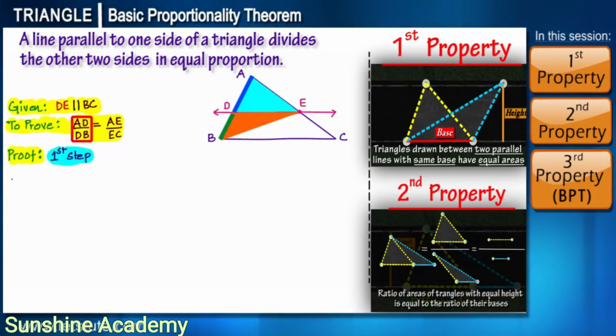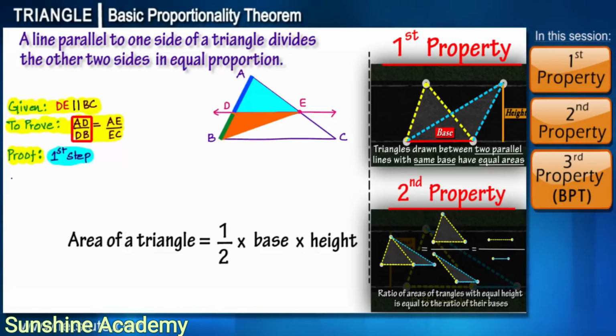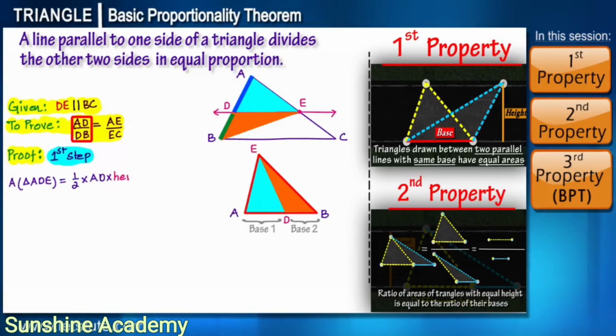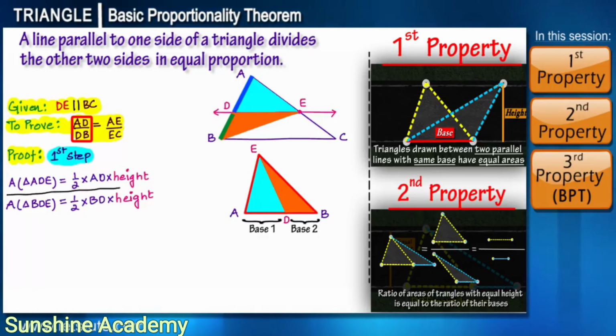We know that area of any triangle is calculated as half into base into height. Since AD and DB are required for the proof, let's take them as base for respective triangles, and we will find ratio of their areas because we want the ratio of AD and BD.